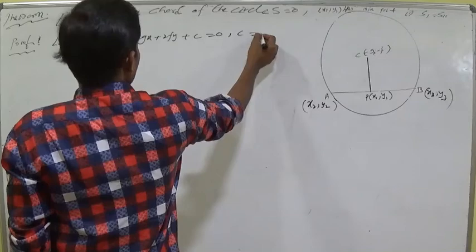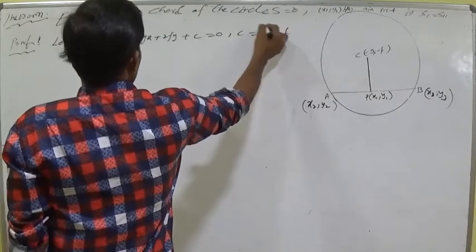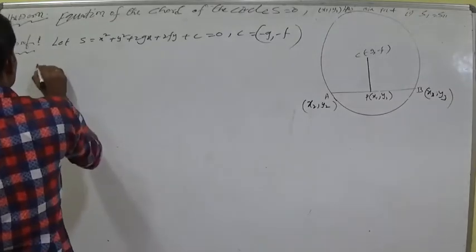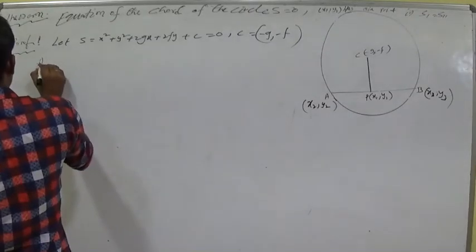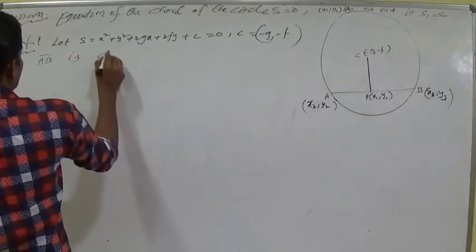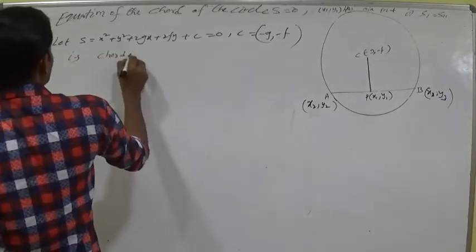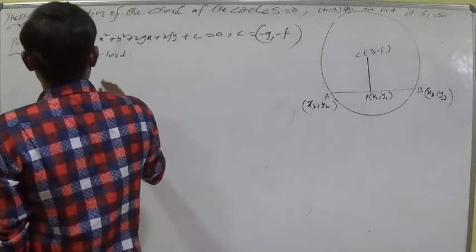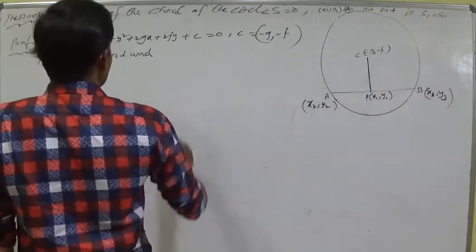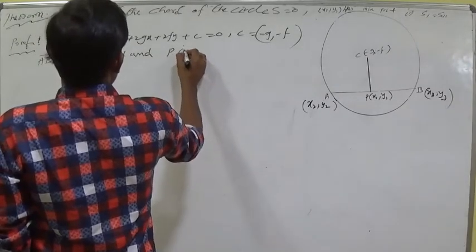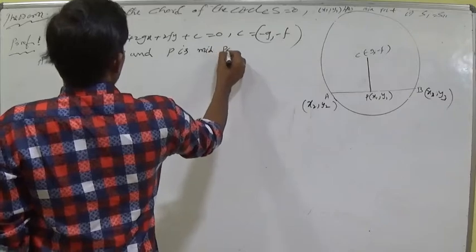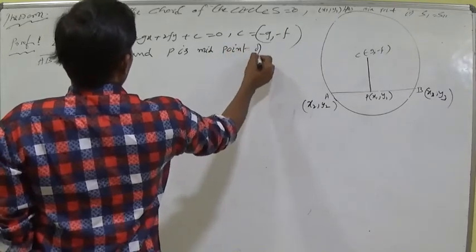The center C equals minus g comma minus f, AB is the chord, and P is the midpoint of the chord.